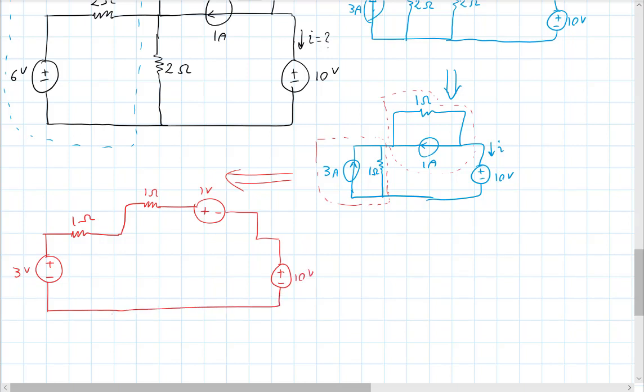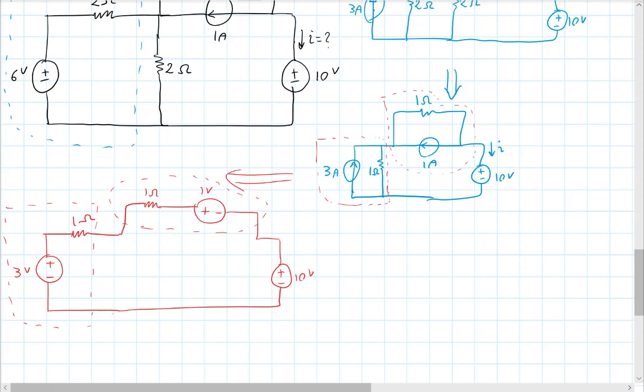And then the rest of it. So this is my first box, and this is my second box. And notice the direction again. I had this 1 amp pointing to the left, so I ended up with the positive side of the Thévenin voltage on the left.